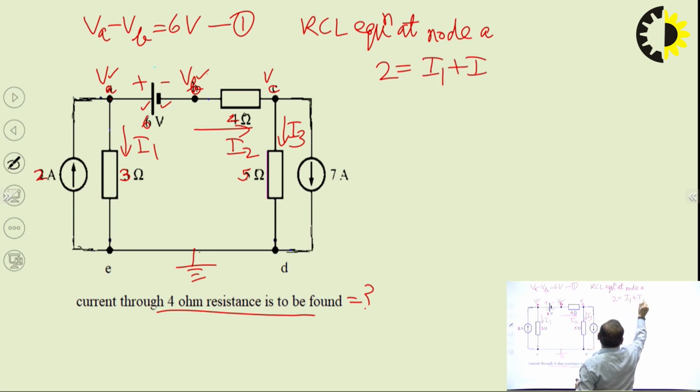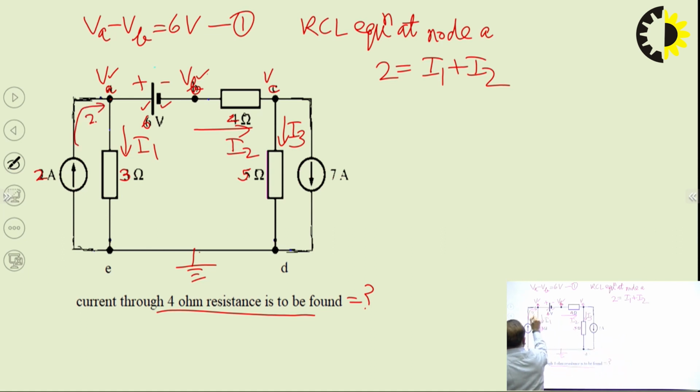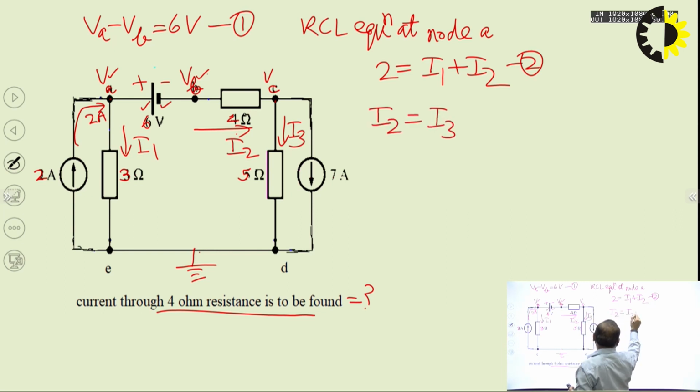Since this 2 ampere current is entering this node, while I1 and I2 are leaving this node, so 2 will be equal to I1 plus I2, since as per KCL, incoming current equals outgoing current at a node. So this is equation number 2. Similarly at node C, I2 current is entering, I3 current is leaving, and 7 ampere is also leaving. This is equation number 3.